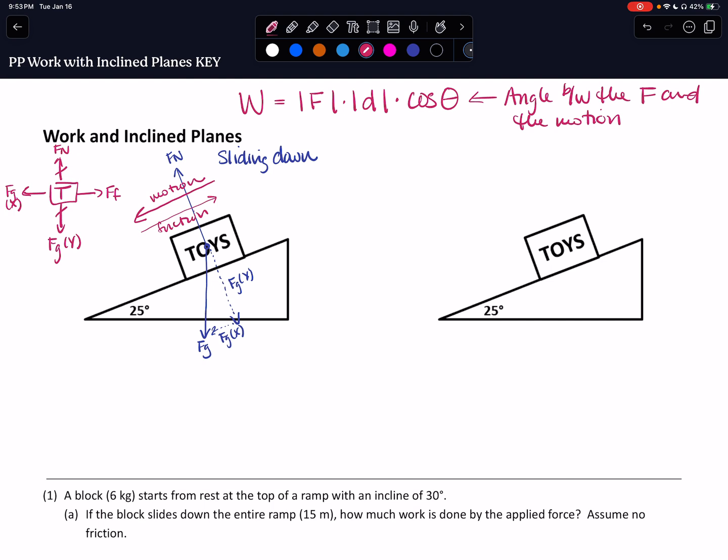So in this particular case, when that motion is down the plane, the theta for our gravitational X component is going to be equal to 0 degrees because it's in the plane. It's parallel to the motion. So the work done by that FGX value is going to be positive because the cosine of 0 is 1.